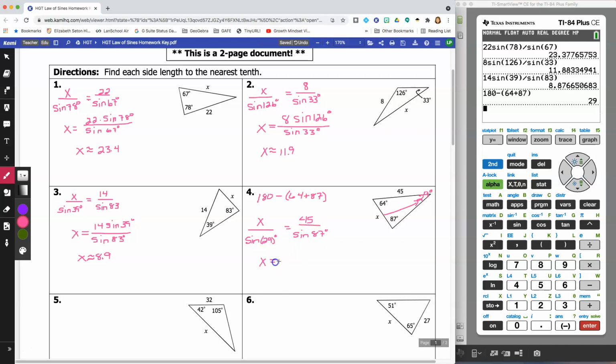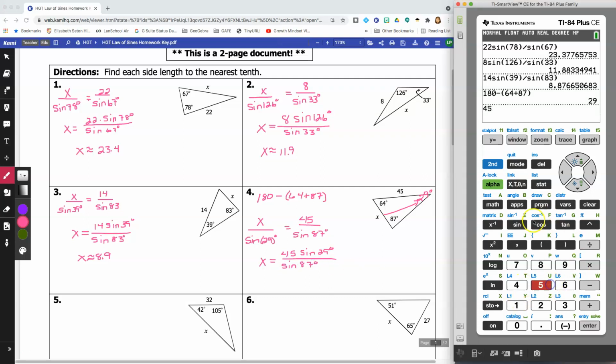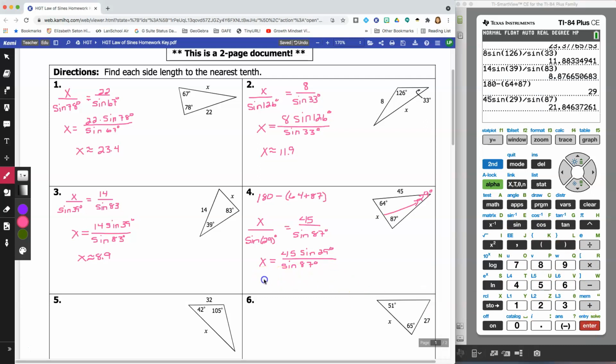So x is equal to 45 times the sine of 29 degrees divided by the sine of 87 degrees. So 45 sine 29, close the parentheses, divide by sine 87. So x is approximately 21.9, whatever my units are.